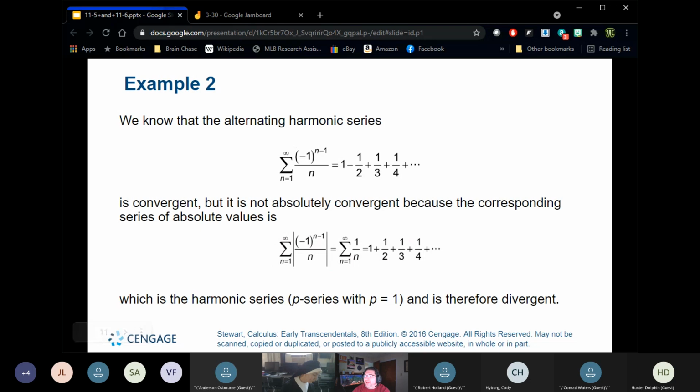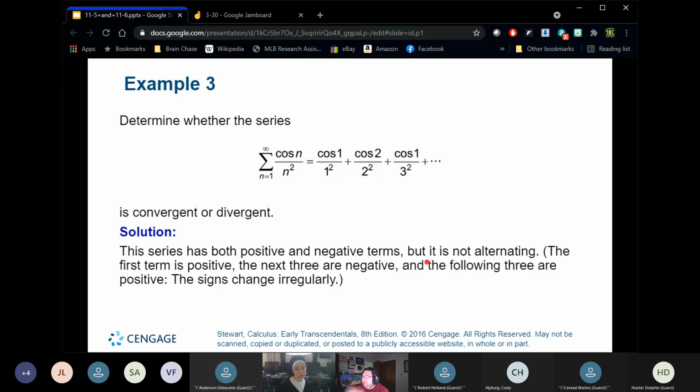The absolute value series also helps us with cases that are not necessarily alternating. So if we have a series such as cosine of n over n^2, cosine of n doesn't go positive, negative, positive, negative in a pattern. So this is not an alternating situation, but it does have positive values and negative values.